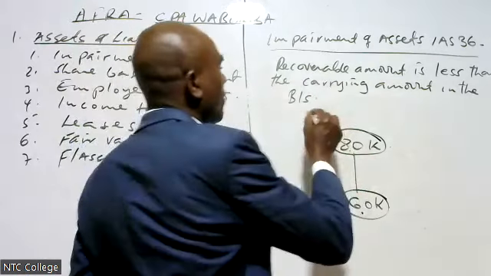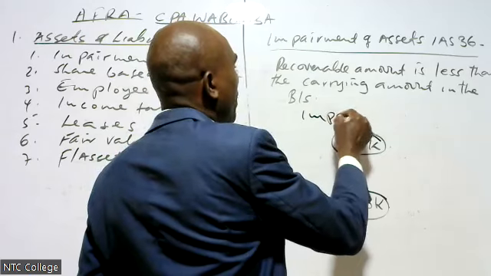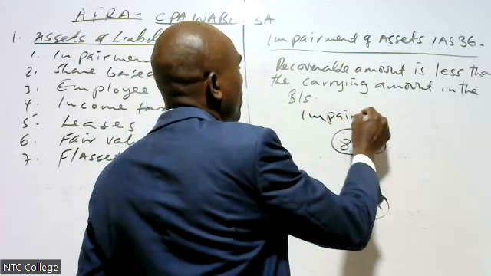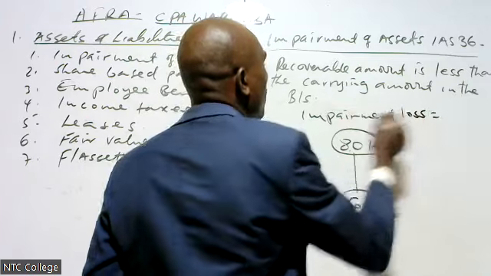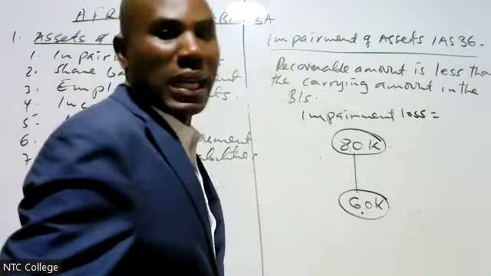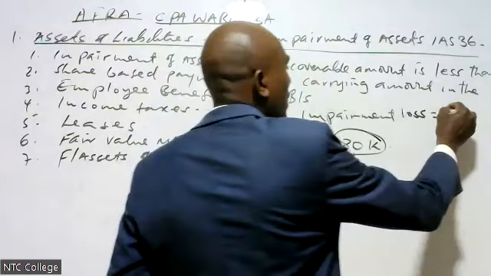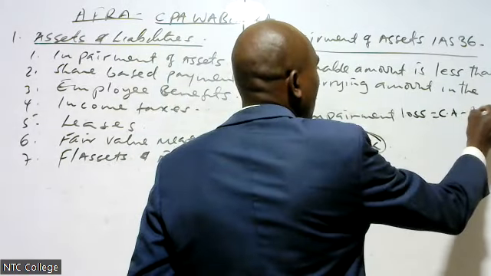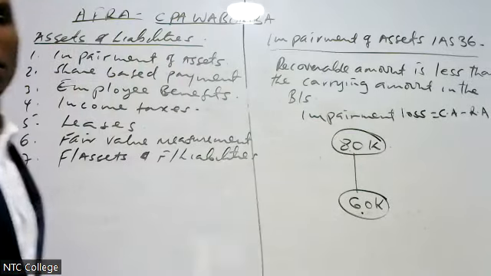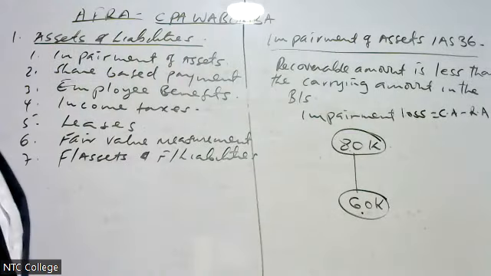Therefore, my impairment loss equals carrying amount minus recoverable amount.